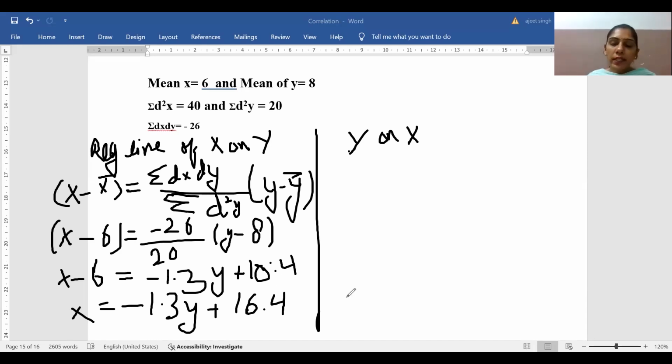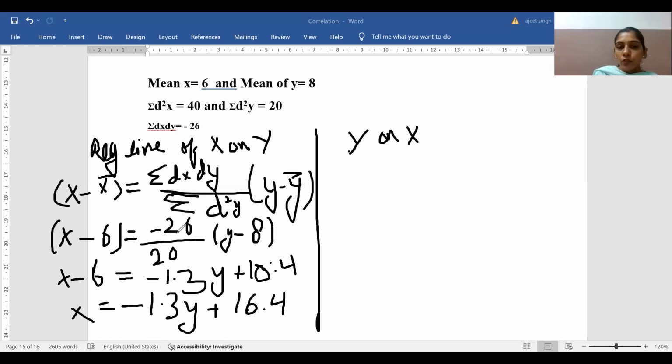Now we have already calculated the value of x bar, y bar, summation dx dy and summation d square y. After putting all the values, we got this equation: x minus 6 is equal to minus 26 divided by 20, bracket y minus 8. After solving this equation, x minus 6 is equal to minus 1.3y plus 10.4.